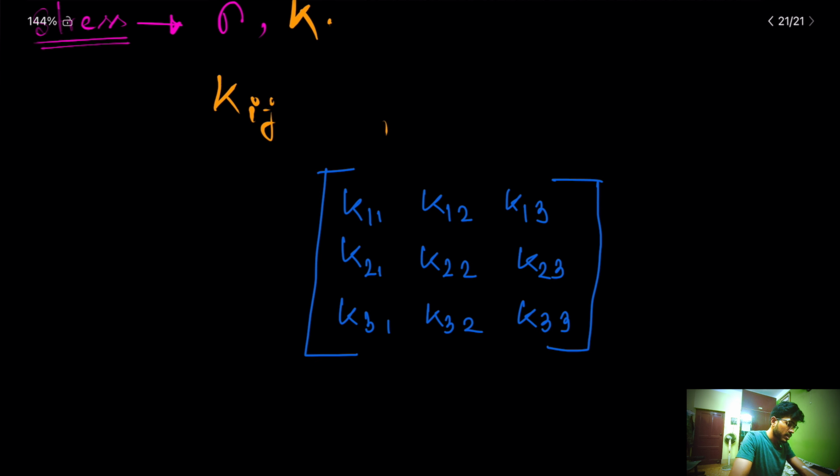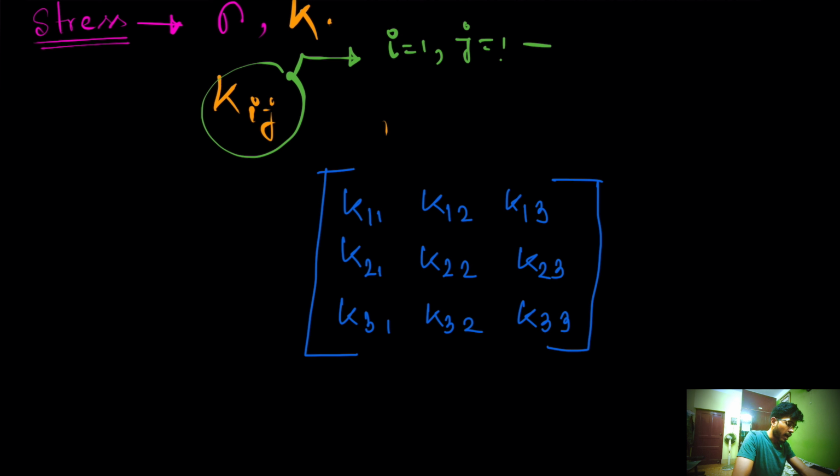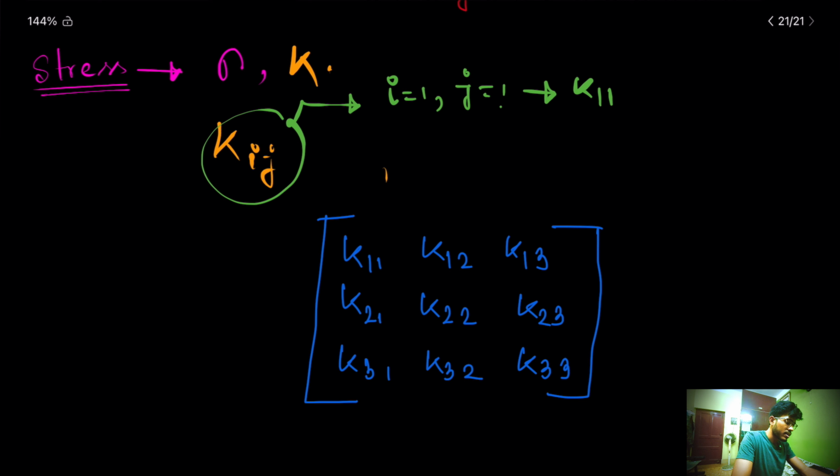Now you see from this, if i equals 1 and j equals 1, I have k11, and k11 is correlating q1 double dash and del T1, that is the x1 component of the temperature gradient.